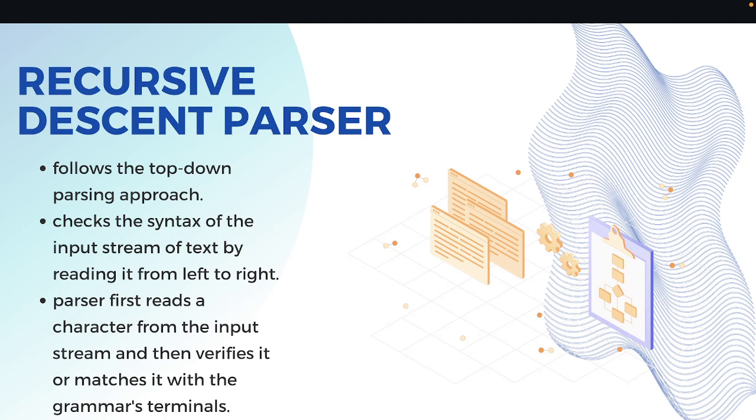The parser first reads a character from the input stream, then verifies or matches it with the grammar's terminals. If the character gets verified, it is accepted, else it is rejected. So this is what the recursive descent parser does.